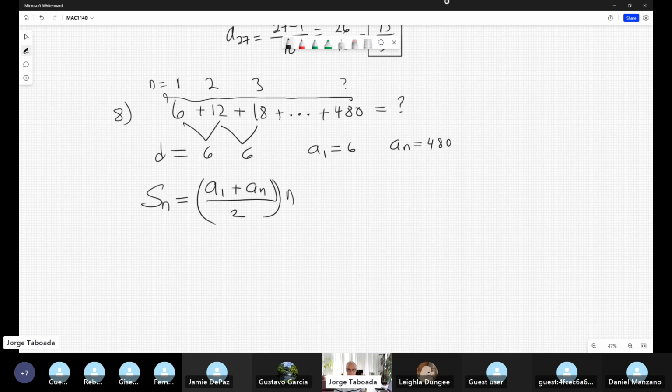Another formula is A sub n equals A1 plus n minus 1 times d. I know very well that A sub n, the last one, is 480.